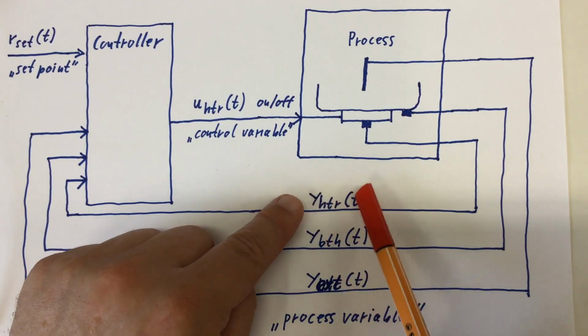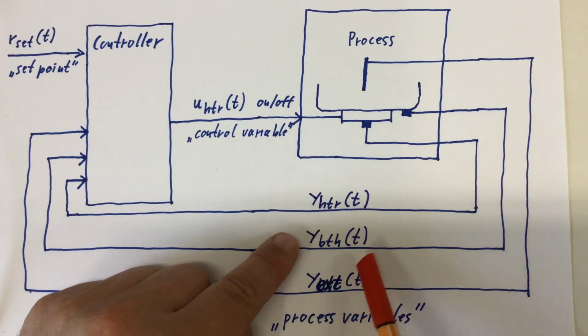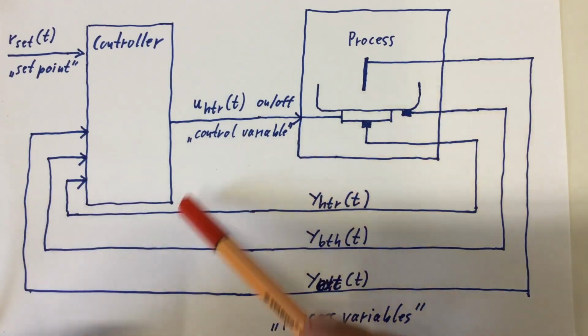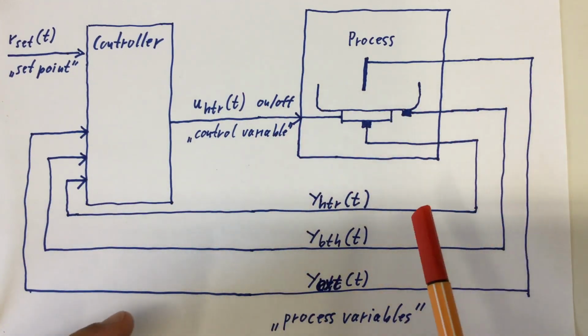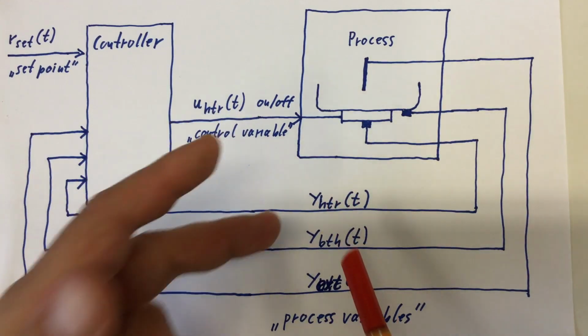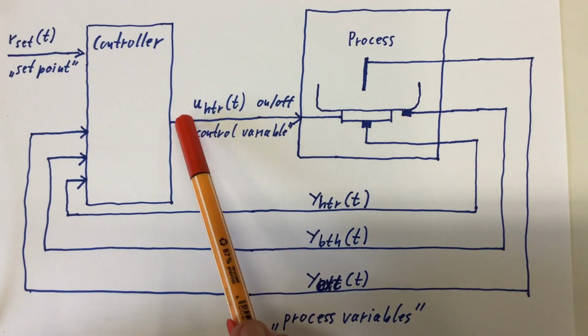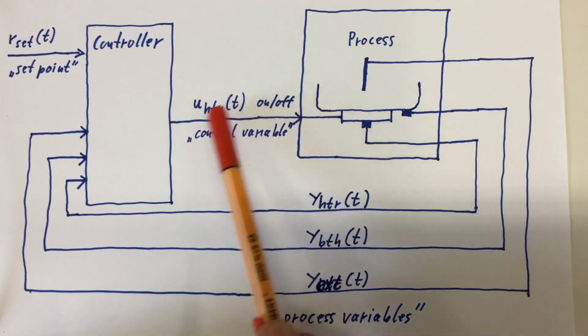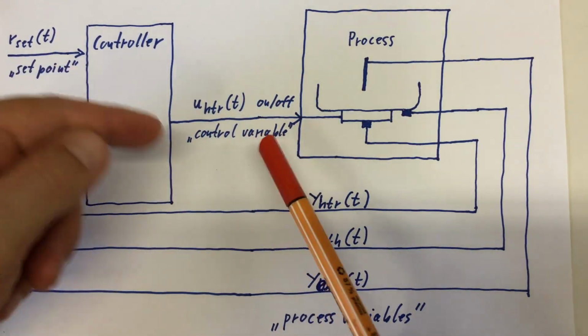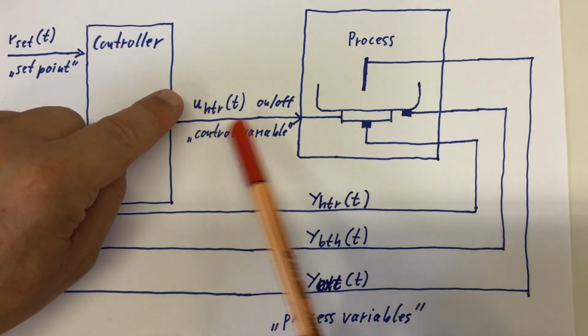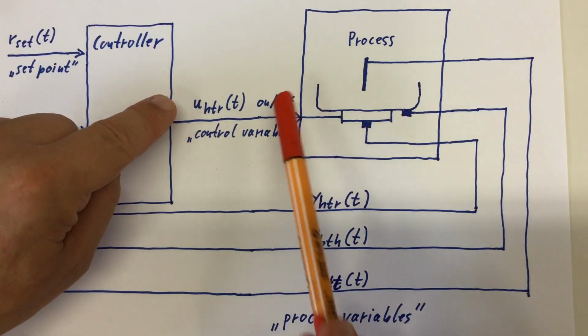And these are always functions over time. This is basically a function that changes over time, for the heater temperature, the bath temperature, and the external temperature. We have a control variable, and they are always called U. In my case, I called it U heater because it's the heater on/off.